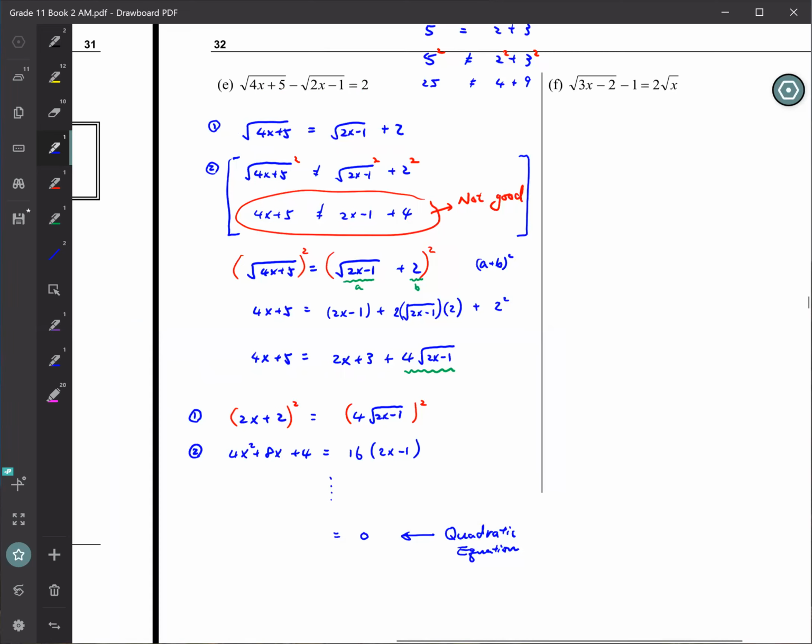Okay, have you got it now, Colin? It's 4x squared minus 24x plus 20. Okay, very good.